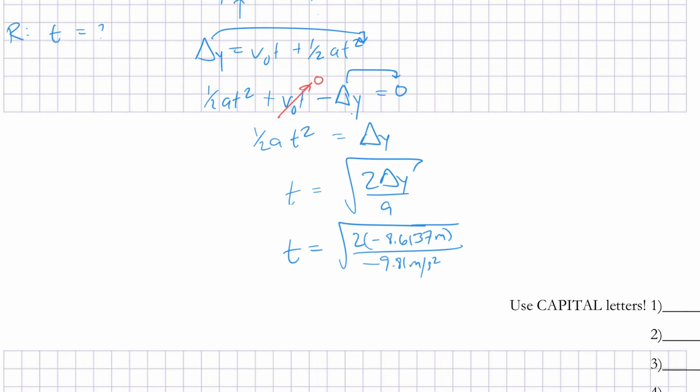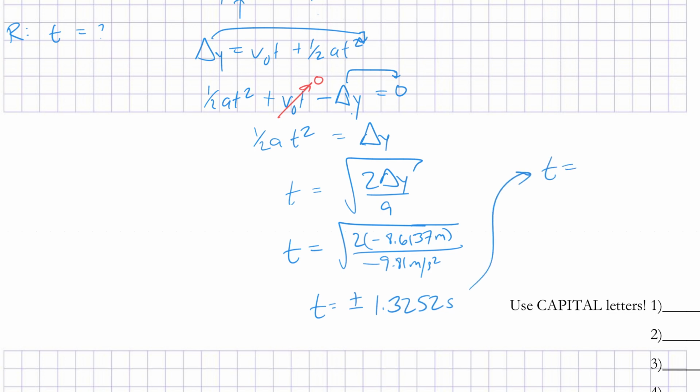So let's see here. My calculator says, and this is going to be positive or negative, so that's always an important potentiality, 1.3252 seconds. We're going to throw out the negative because that's actually going backwards in time to when it was thrown, and we'll use the positive, and we'll use 3 sig figs.